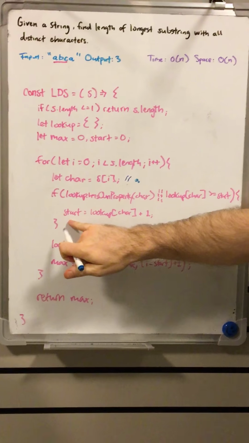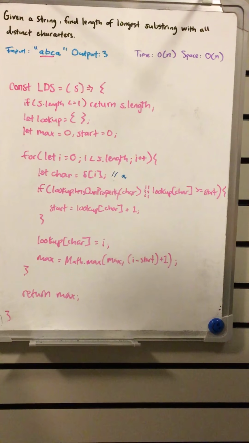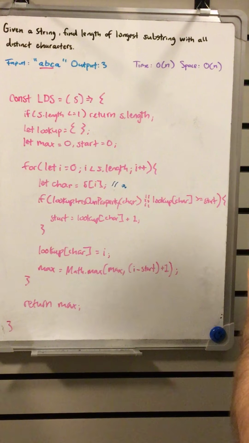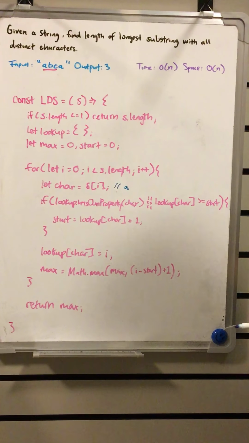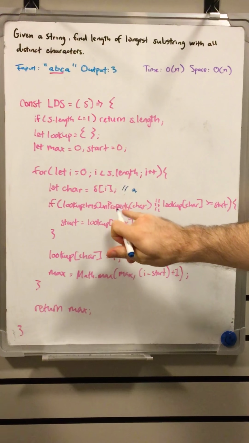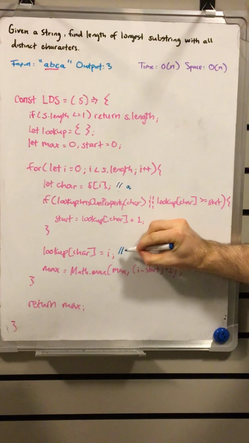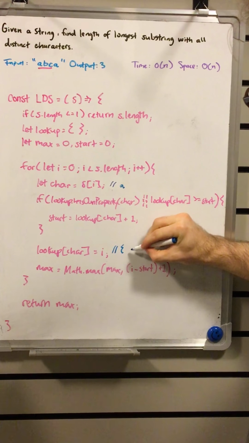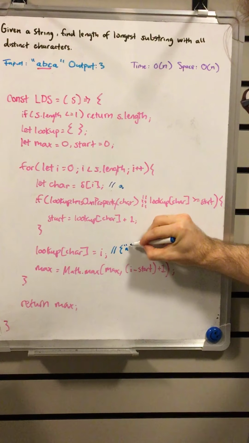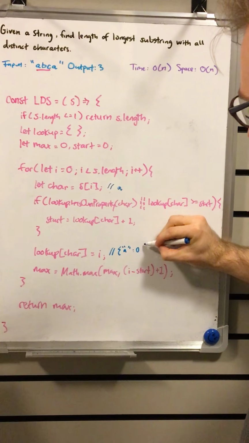If it was, we would reset the start to one index position to the right of it, meaning that's where the new substring is going to start from. However, since it doesn't meet either of these conditions, we're just going to add it into our lookup table, which should now look like this.